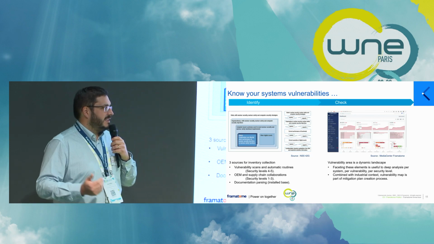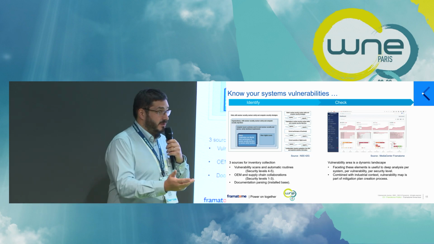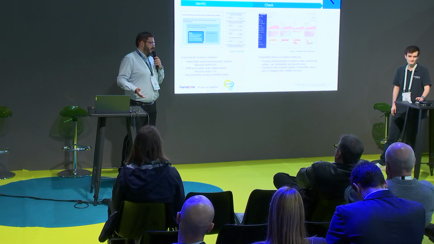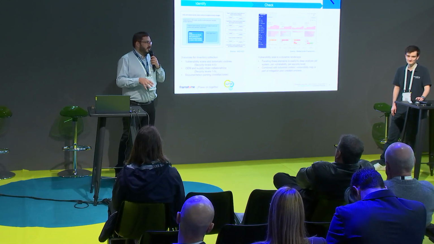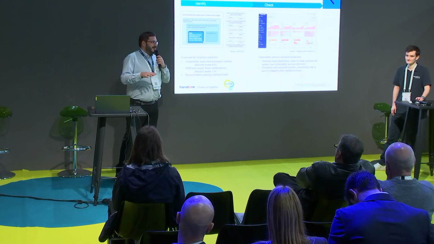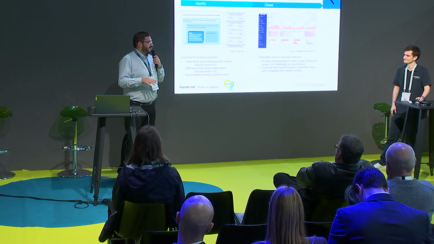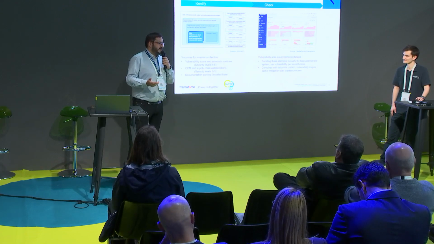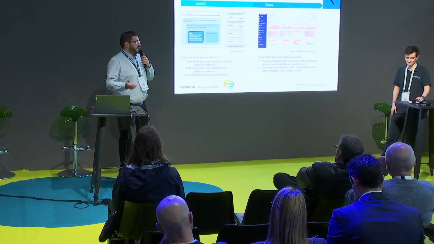Then the last thing, if these two things are not working because the OEM does not exist anymore, the only way you have is going to documentation. And this documentation is the good thing and the bad thing, because it is a treasure, but a treasure that is very difficult to exploit. It is very deep, sometimes in a paper format, so very difficult to exploit.